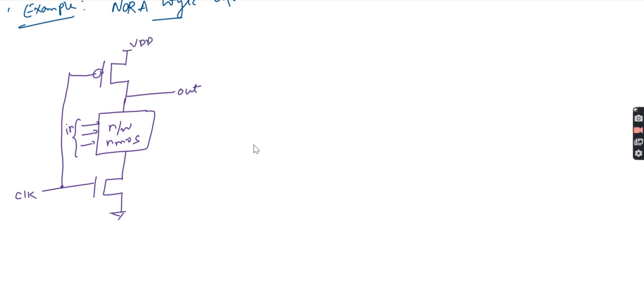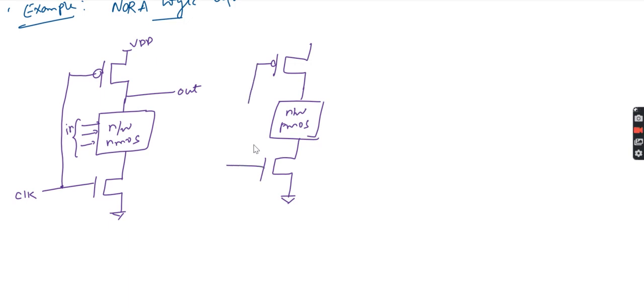Now again I will have the PMOS here, and here I will have the network as a PMOS network. Then again one more NMOS. See, now you can see this is also clock.